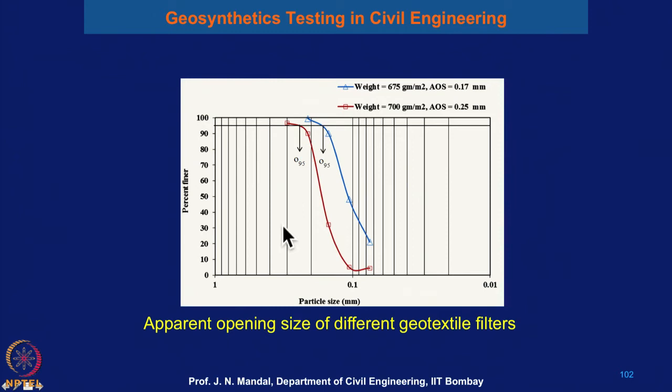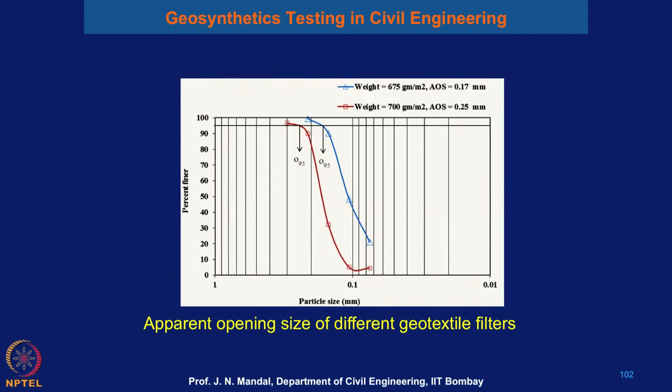So, for this you can determine what is O95 for the red one, O95 for the blue one, and the AOS for the blue one is 0.17 millimeter, and the AOS for the 700 gram per meter square is 0.25 millimeter. So, this value is very important, that is, what should be the apparent opening size of the geosynthetic material.